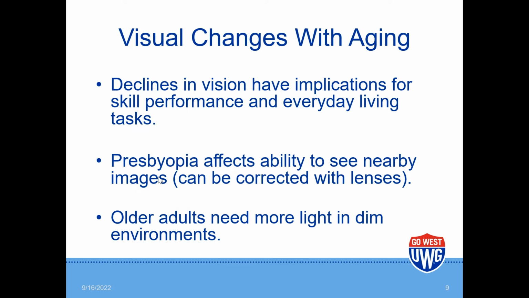I'm not exactly great on the pronunciation, but it affects our ability to see nearby objects. This would be when someone takes out readers that basically magnify the image so they can see it a little bit more clearly. That's pretty typical in vision as we get older. You need something to help correct those nearby objects.